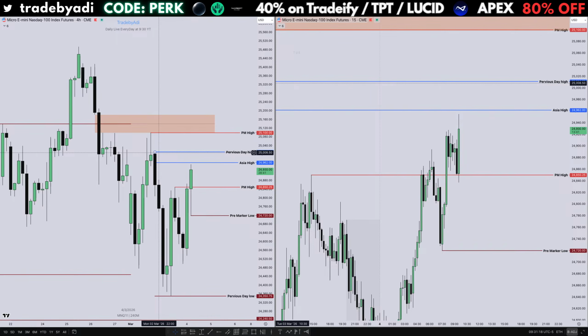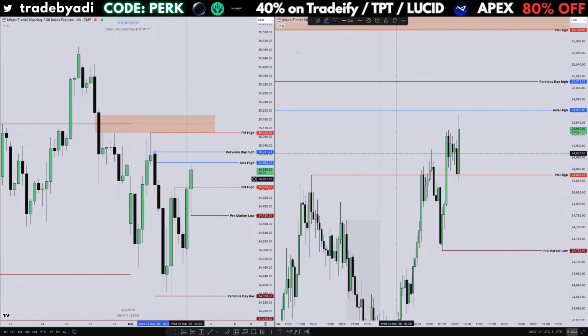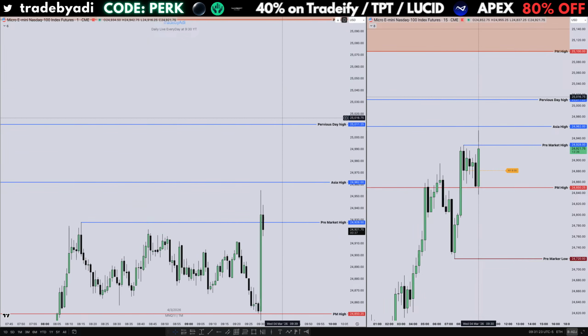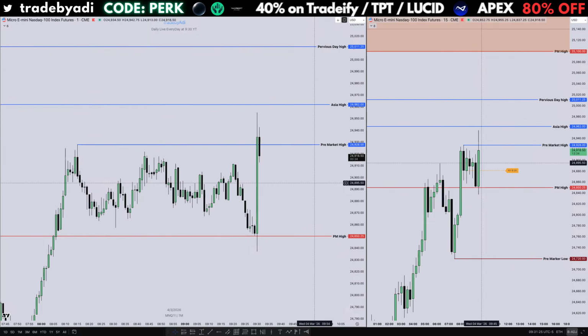I think previous day high will be a good target if we do the continuation to the buy side liquidity. I want to see whether we are going to have a fair value gap or not.